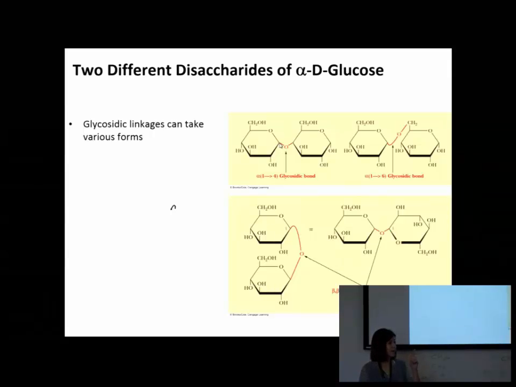So this one's pointing down, sort of, kind of. It's pointing down, so we're going to call that alpha. Then you number the carbons that are involved in that glycosidic bond. You first number the one that has the anomeric carbon involved, so that's carbon number 1 in this case, and then the other sugar. So this is alpha 1,4.